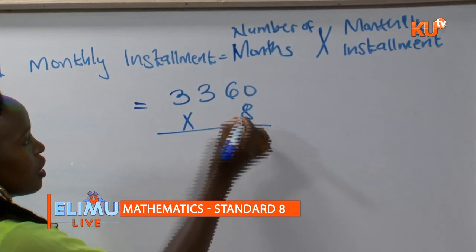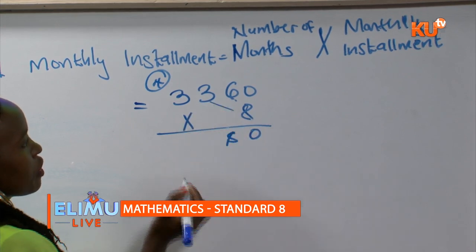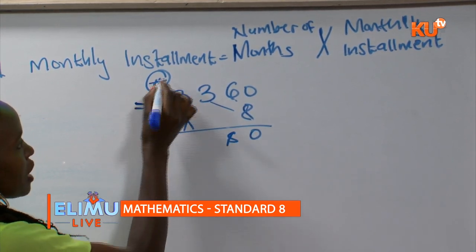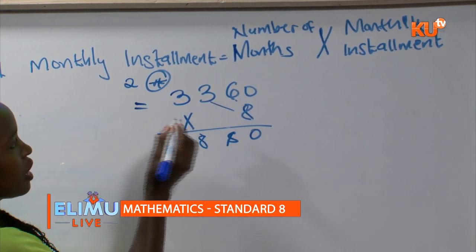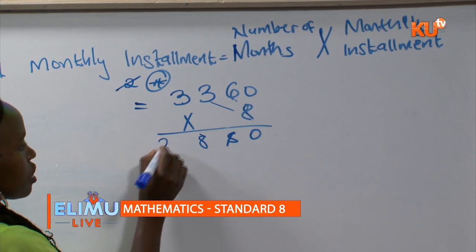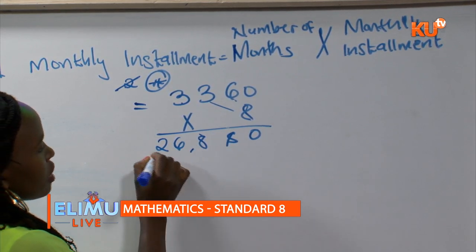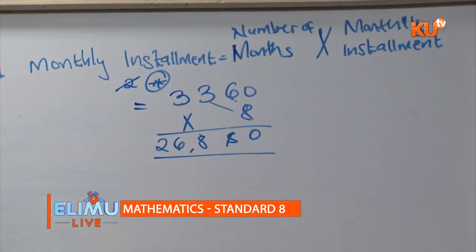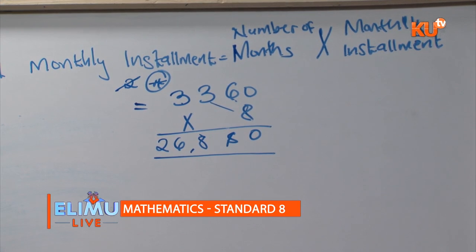We get 0, 48, we carry 4. This is 24, 8 times 3 is 24, plus 4, we get 28. Carry 2, 3 times 8, 24 again, plus 2, we get 26. So we get 26,880. 26,880 is the total monthly installment.